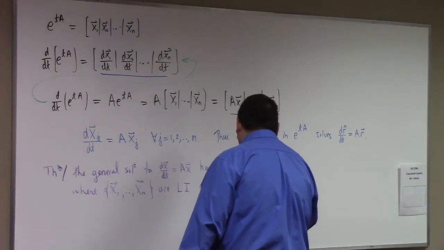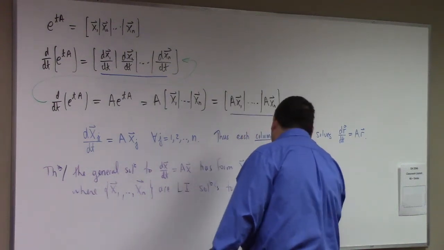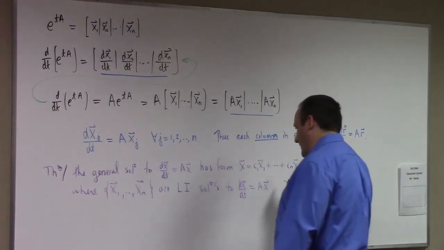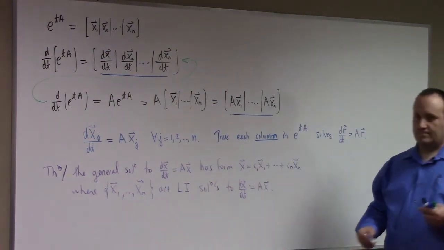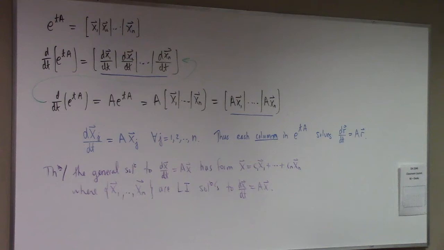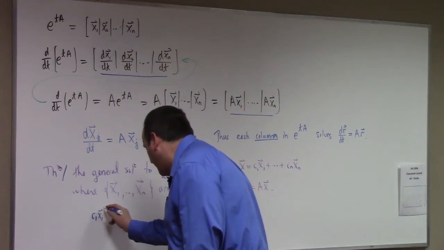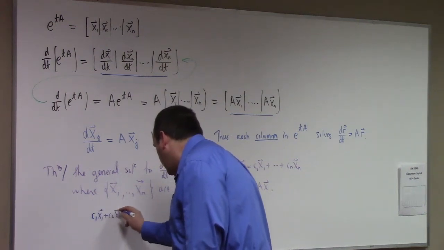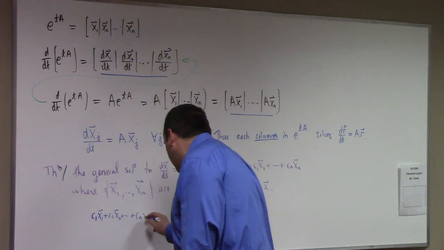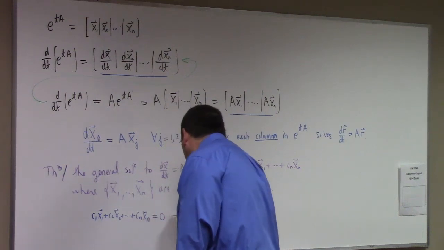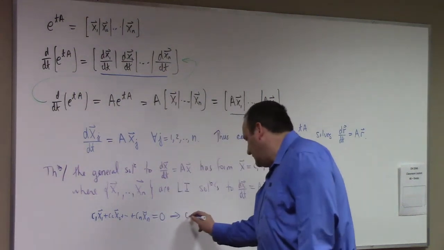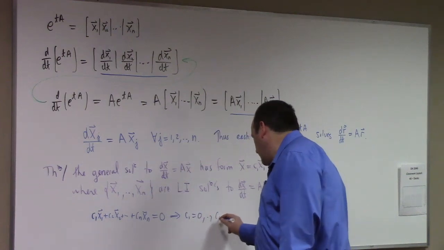Now, what do we mean by linearly independent solutions? That's not mysterious. What I mean is exactly what we usually mean: c1 x1 plus c2 x2 through cn xn equals 0 implies c1 all the way through cn is 0.